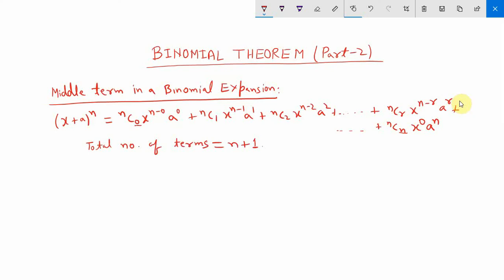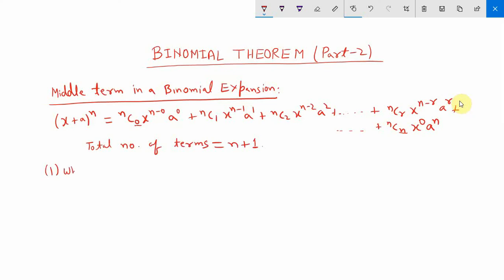Now, in order to calculate the middle term, first we need to see what is the value of n. So we will consider two cases. First when n is odd and second when n is even.